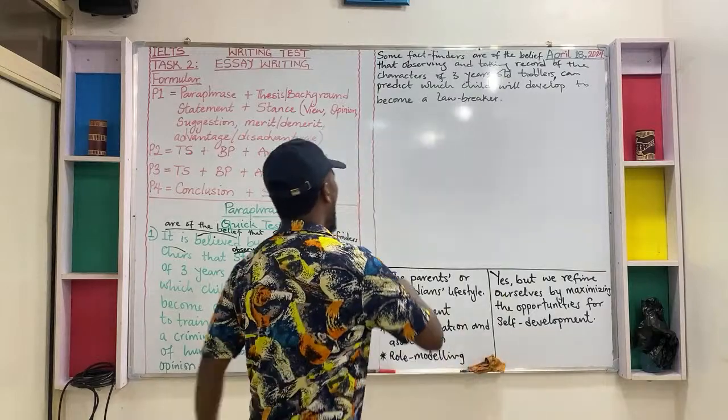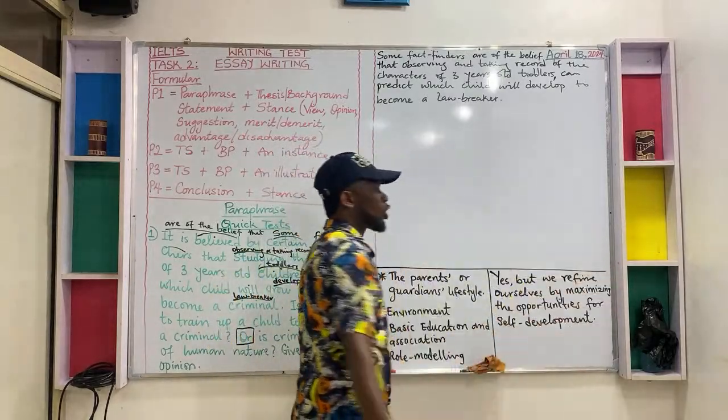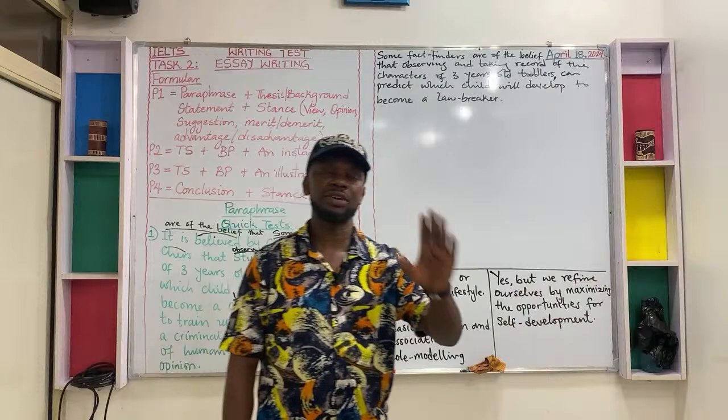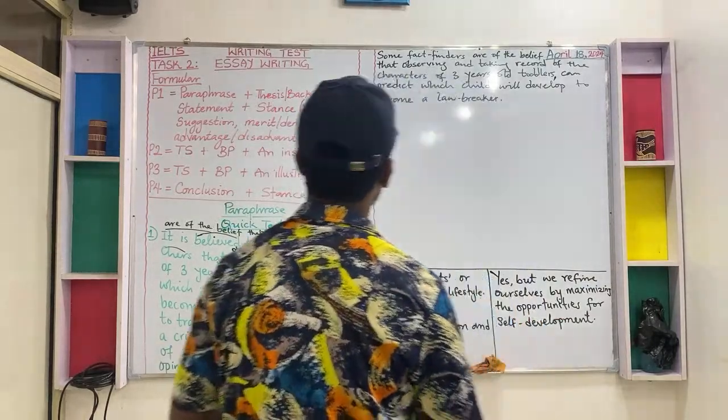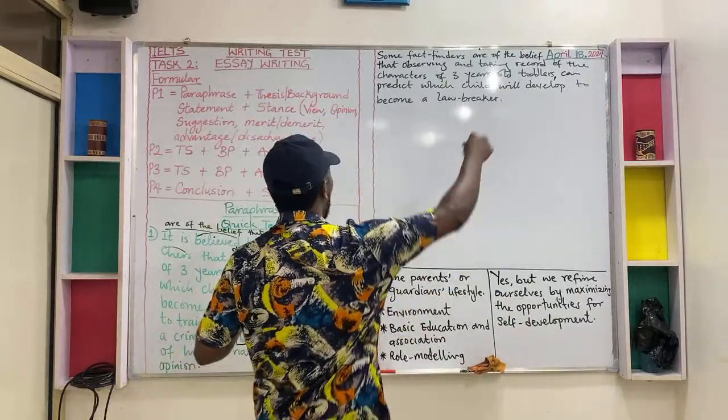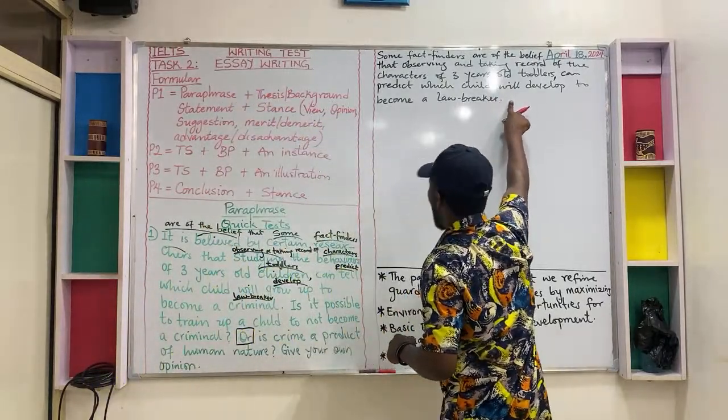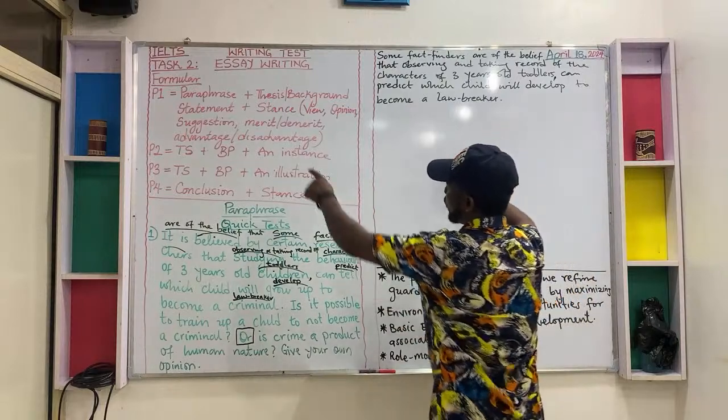So I said, once you have drafted this opinion on your question paper, then you are ready for your essay. All right? So what you do next is you come back to your answer sheet and complete your paragraph 1.